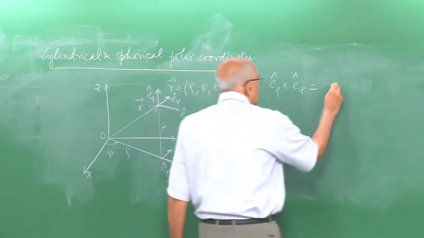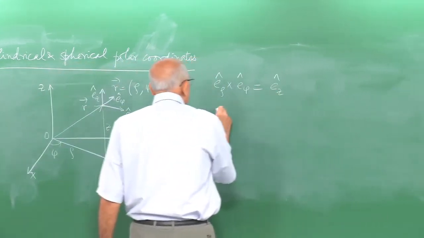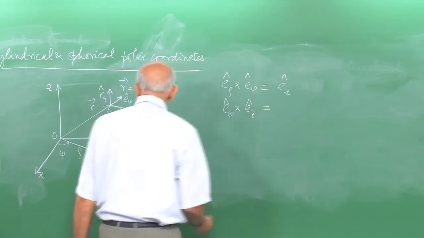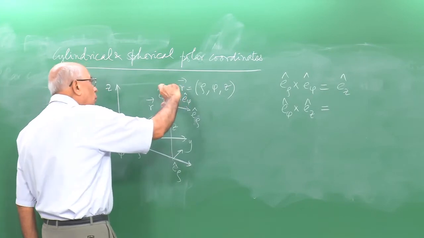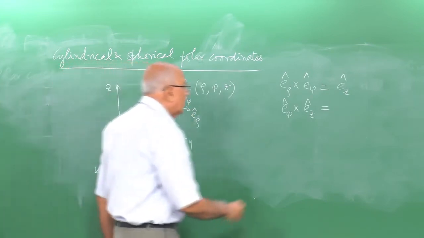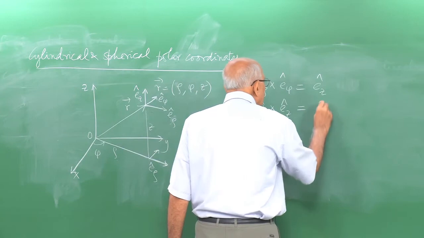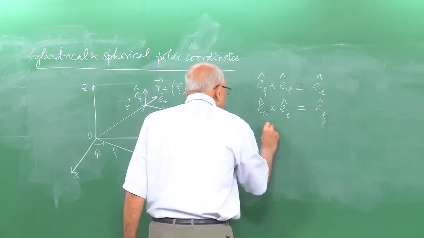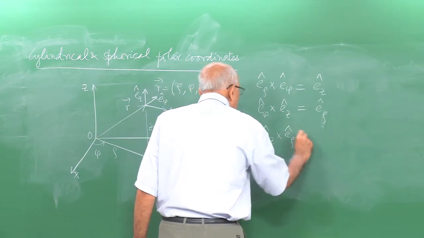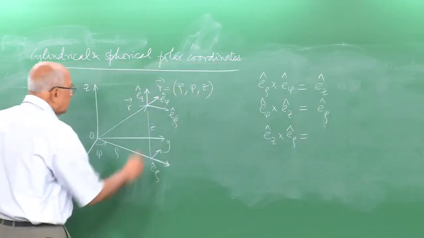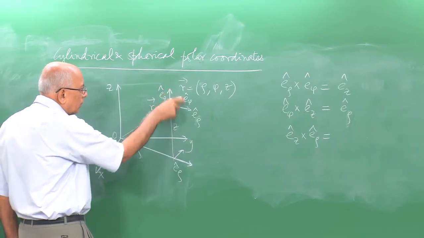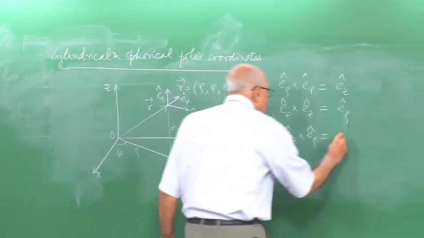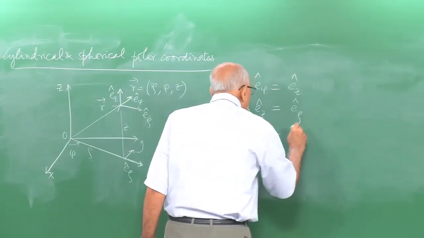So this is equal to Ez, and similarly E phi cross Ez is equal to, so from phi you move to rho, the screwdriver moves out along E rho, and finally Ez cross E rho must be equal to E phi. And let's check this, drive a screwdriver from z to rho, rotate, and it moves into the plane of the blackboard, which is E phi in this fashion.